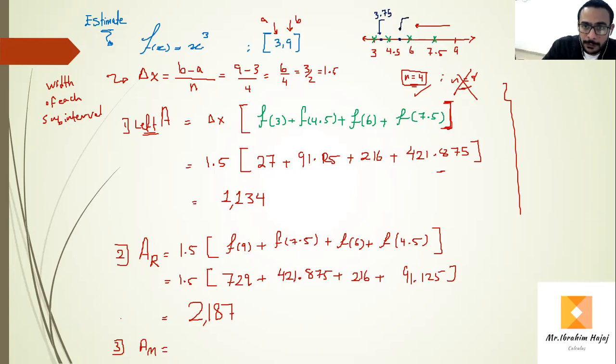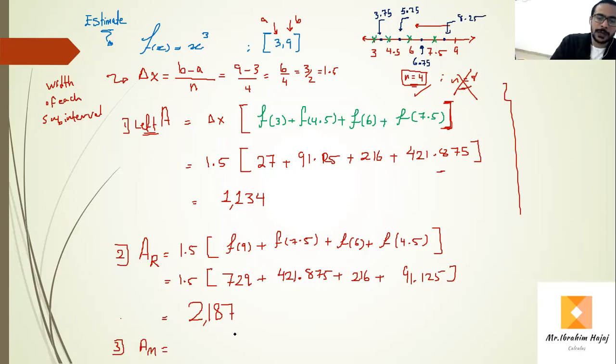The midpoint between 6 and 7.5 is 6.75. And 7.5 plus 9, divided by 2, is 8.25.